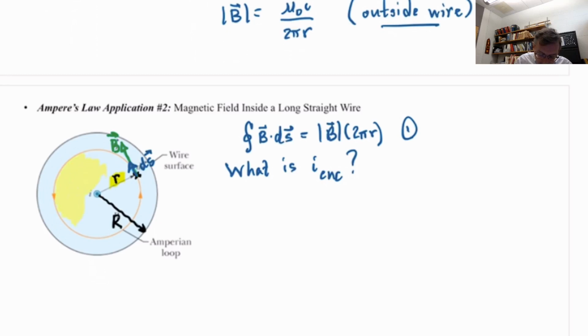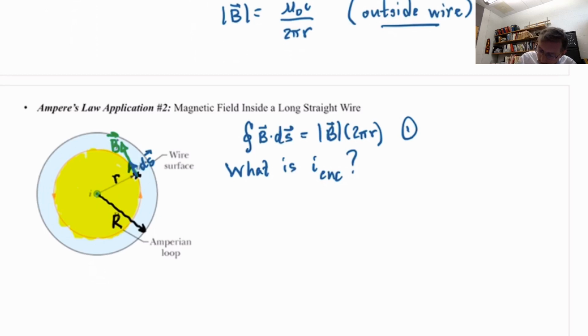It's only that disk of radius little r, right? I'm trying to shade that in like that. It's that surface that I have to get the I enclosed for. No other surface, that.